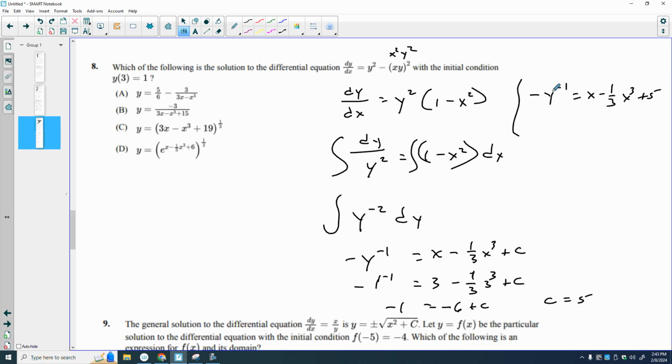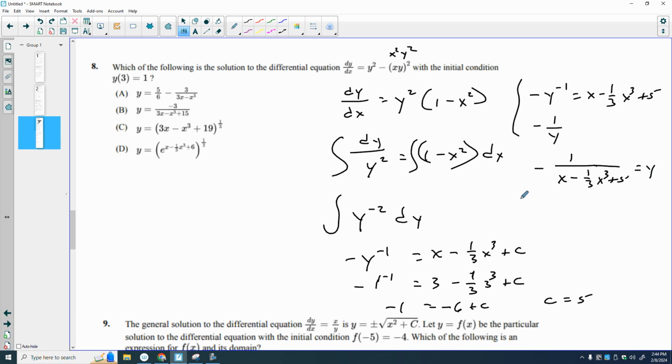So remember what this here is. This means 1 over, so this is a -1 over y. All I'm going to do is switch places with these things here. Okay, so I get -1 over x minus 1/3 x cubed plus 5 equals y.